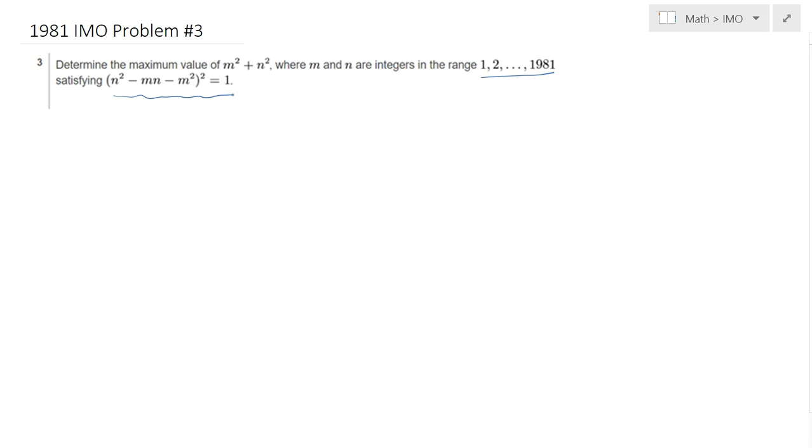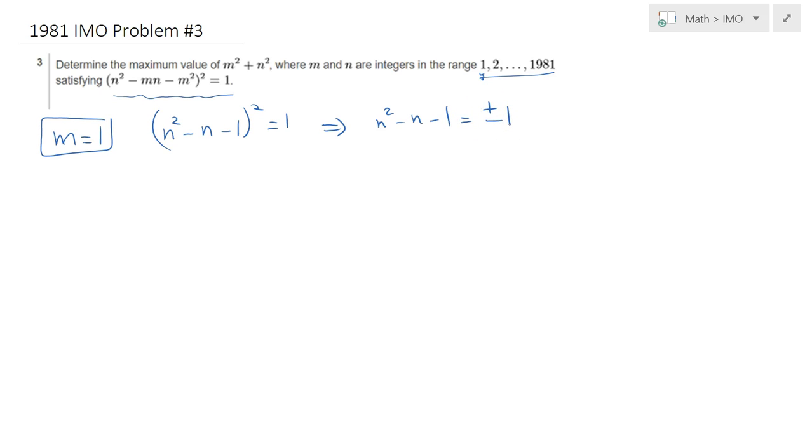Probably we can start by testing a few cases. For instance, let's consider what happens if, say, m is equal to 1, because this is the least number we can pick, right? So in that case we would get (n squared minus 1 times n minus 1) squared is equal to 1, which implies n squared minus n minus 1 is equal to plus or minus 1.